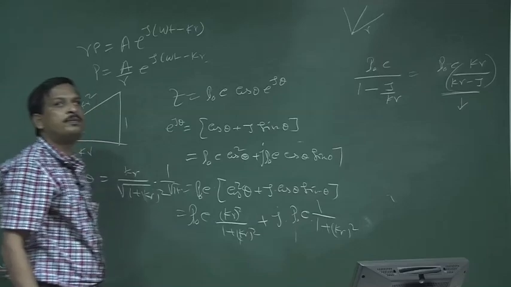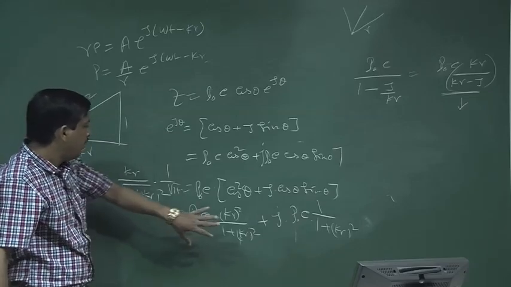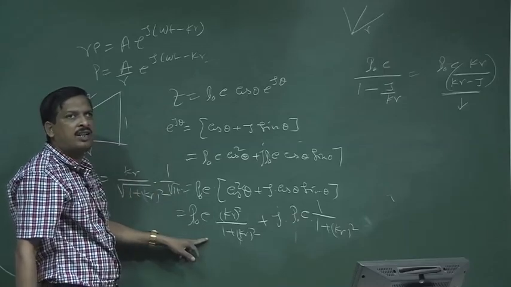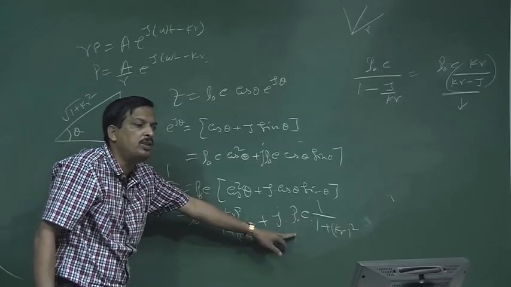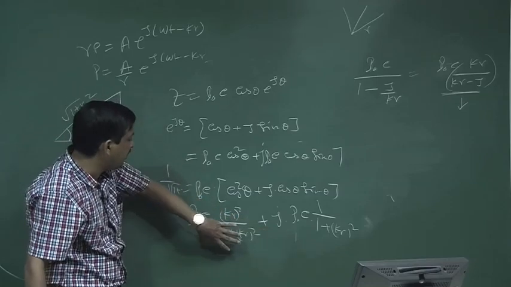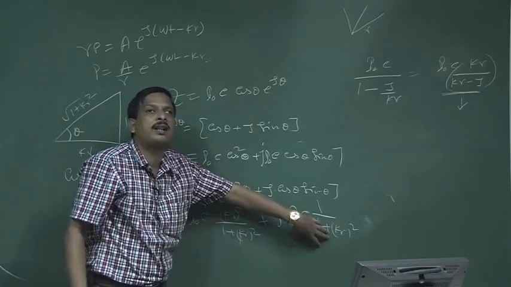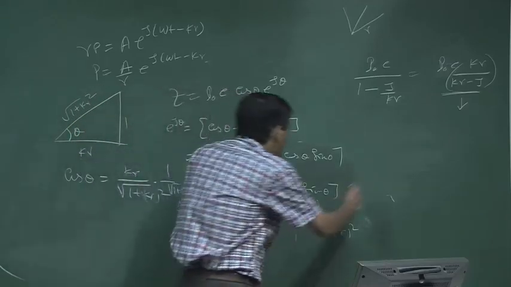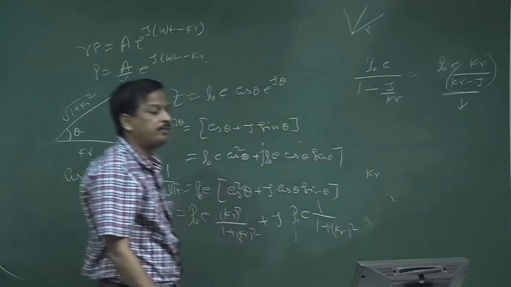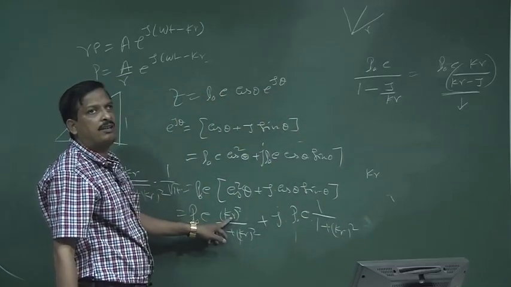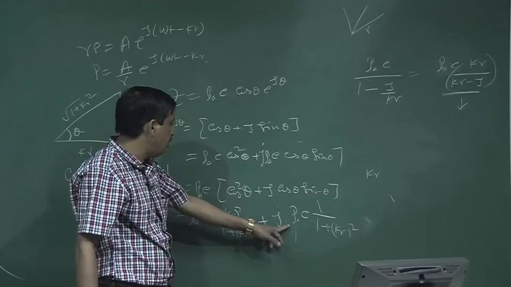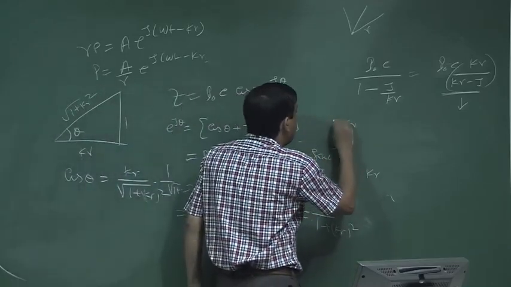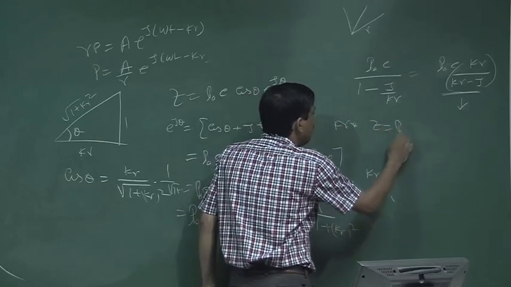If you see a plus jb, Z has not only the resistive term, there is also a term which is reactance. So, it is called acoustic resistance and acoustic reactance. For a large value of kr, if kr is very large, then this term is 0 and this term is 1. So, Z is nothing but rho 0 C.